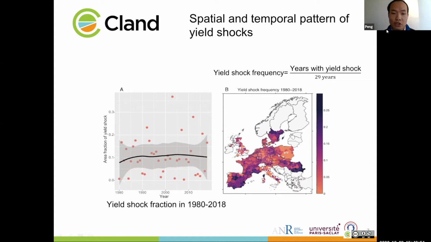We can see it shows a slight increasing trend. And the right figure shows the spatial pattern of yield shock frequency. The spatial pattern suggests the yield shock is more frequent in southern Europe, like Spain and South France, and also Eastern Europe.